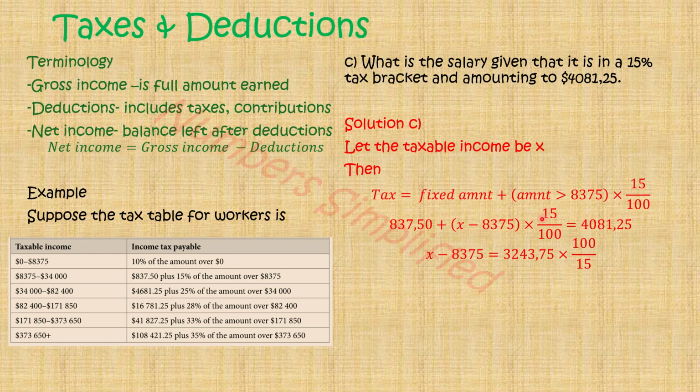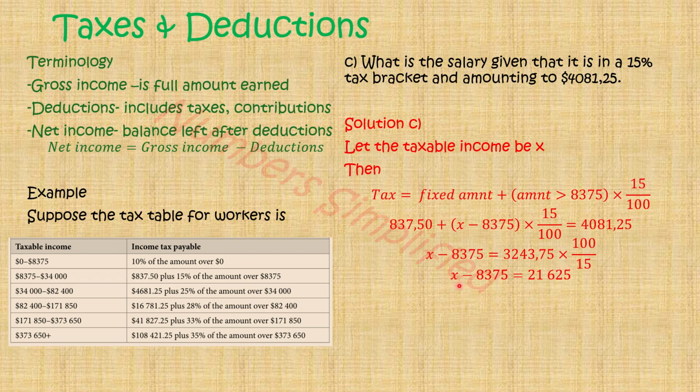Now, we move the 15% to the other side. We know that 15% is 15 divided by 100, but when we take it to the other side, we are doing the reverse of that. So we are multiplying by 100 divided by 15 to the new amount. Once we get to that, we are going to move the amount that we were subtracting from the taxable income to the other side.